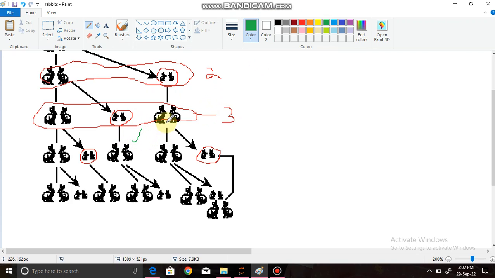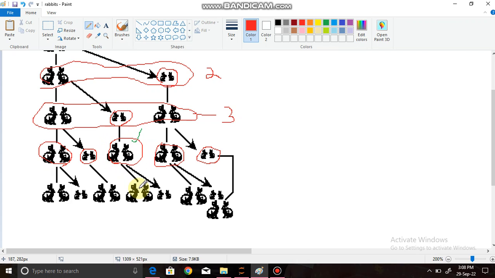And the parent rabbits in the preceding iteration will also be counted here. There are a total of three adult rabbit pairs over here.